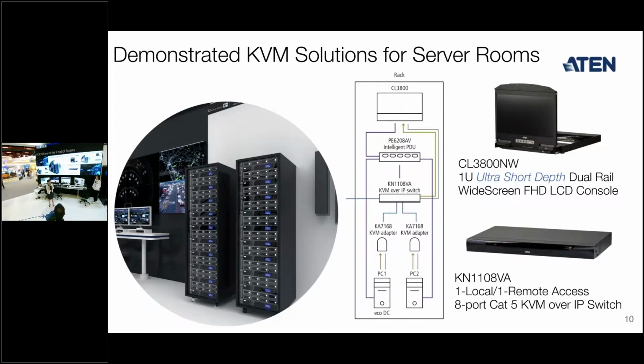The depth is less than 47 centimeters. So from the dual rail point of view, it's the shortest one. But very soon we are going to launch 2 more models. These 2 new models are single rail, so the depth will be less than 43 centimeters. That will be the world's shortest depth LCD console. So please follow our new product introduction information.